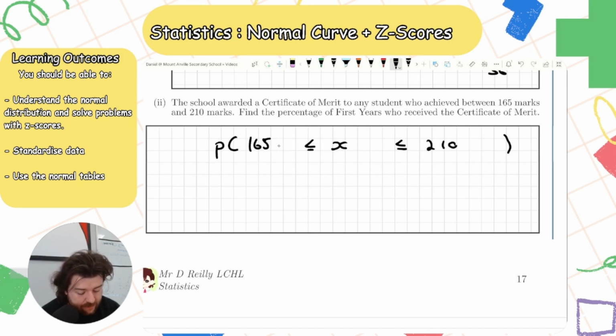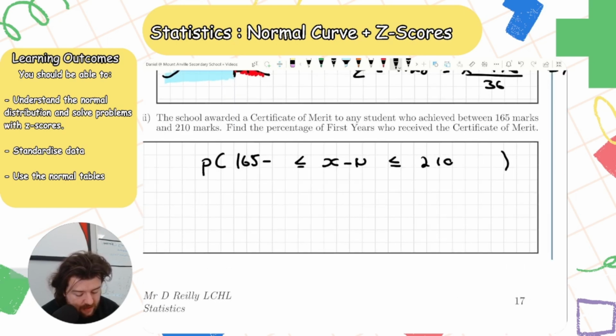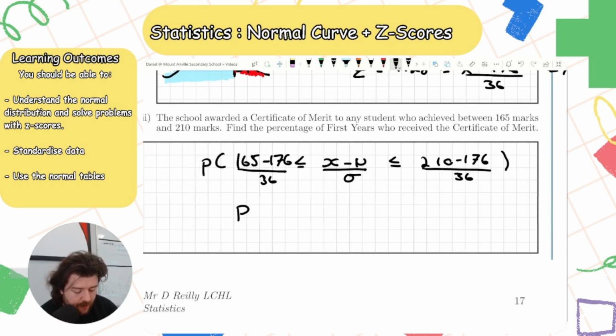So let's standardize it. Minus the mean, being 176, divided by the standard deviation, which is 36. I now have the probability that Z is between minus 0.31 and, putting this in the calculator, 0.94.